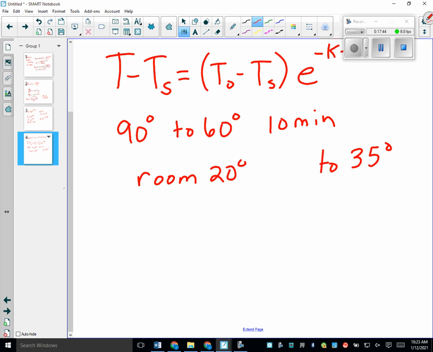So, if I use this, is it true that 60 minus 20 equals 90 minus 20 e to the negative k times 10? You all agree with that? Can I solve this for k?